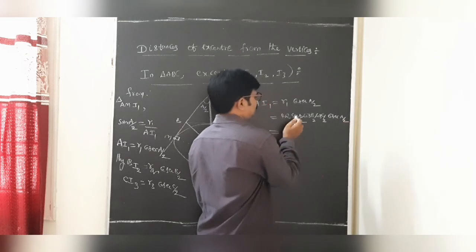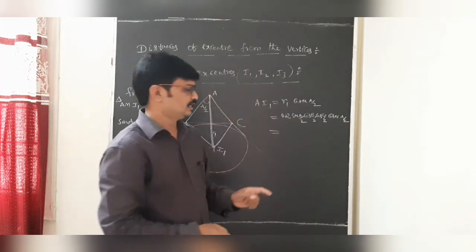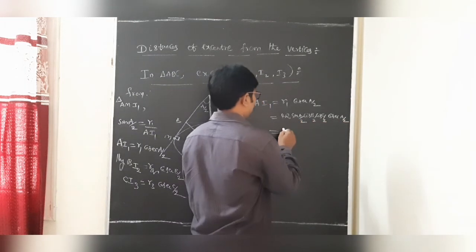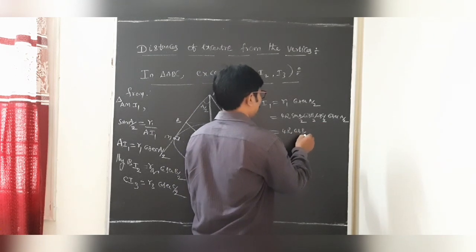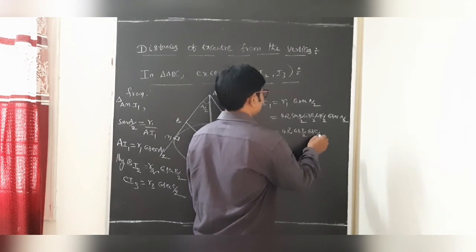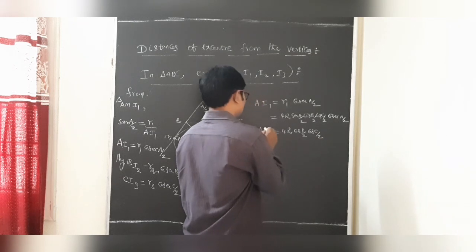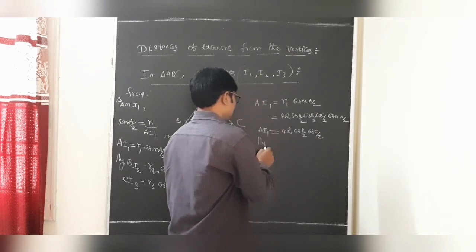Dear students, the reciprocal of sine is the cosecant, so these two are cancelled. We can write this as 4R into cos B by 2 into cos C by 2. This is AI1.